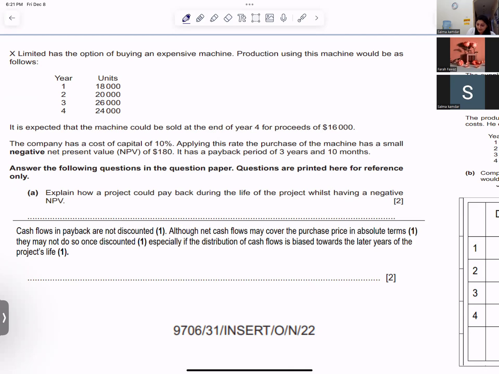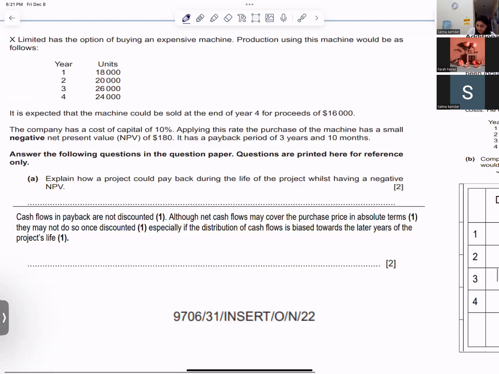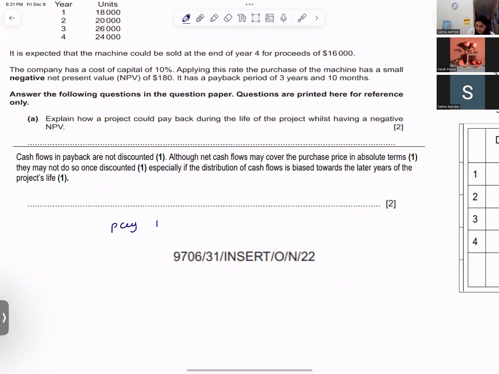What does the payback period tell you? The number of years it takes for the investment to recover. So when I am taking the number of years it will take the investment to pay back, I will take the cash flow and the cumulative cash flow, wherein I do not use the discount factor.